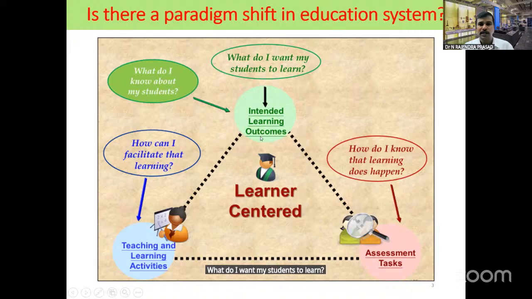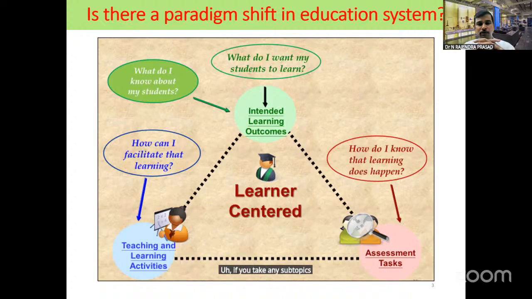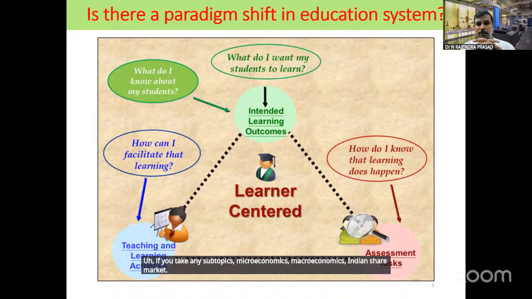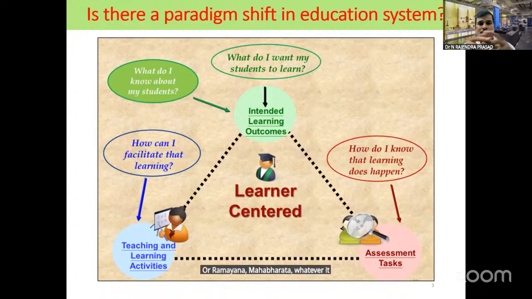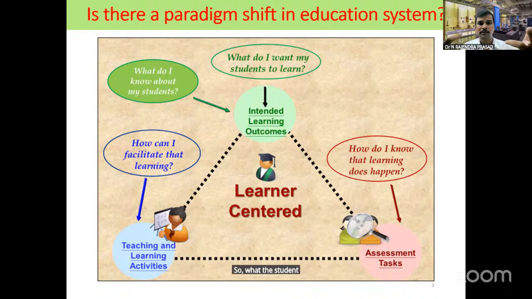What students are interested in, that you have to teach, whether it is physics or mathematics or chemistry or history or economics. If you take any subtopics, microeconomics, macroeconomics, the Indian share market, or Ramayana, Mahabharata, whatever it is, what the learner intends to learn, that you have to teach. What the student requires, that intention you have to understand.